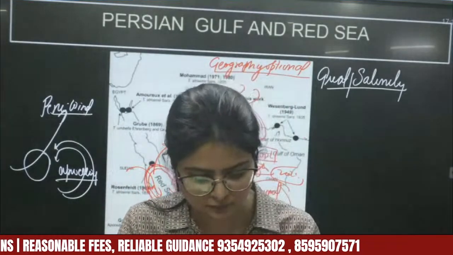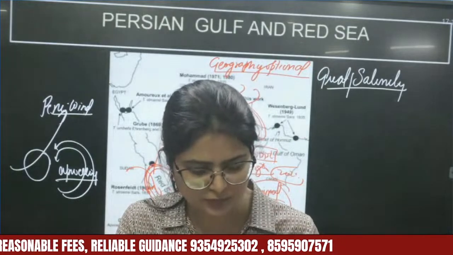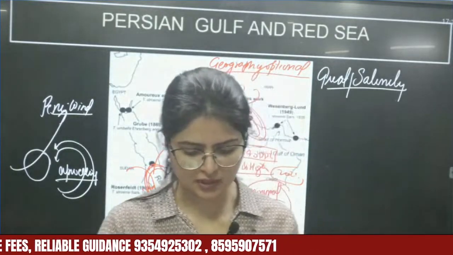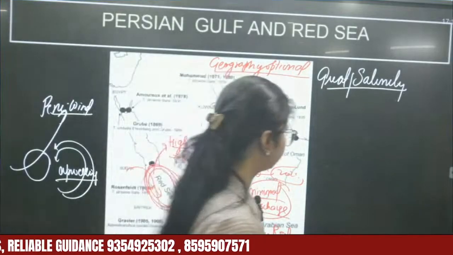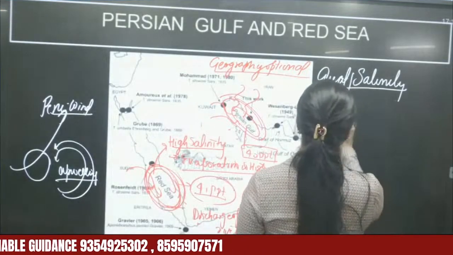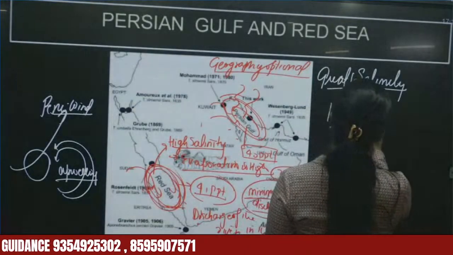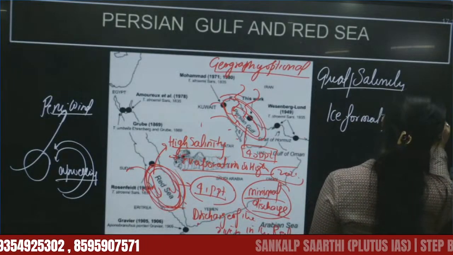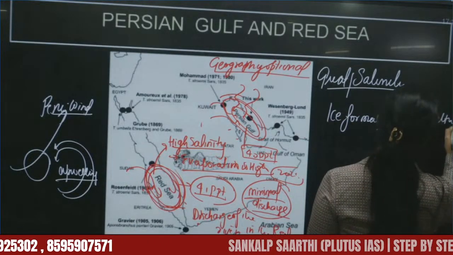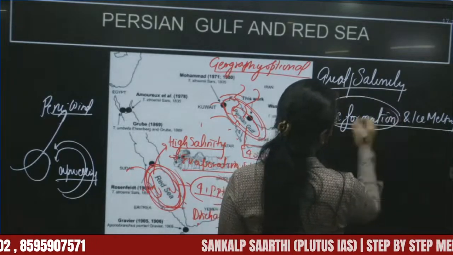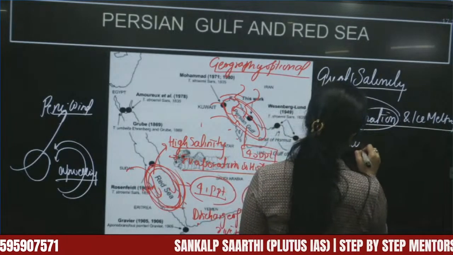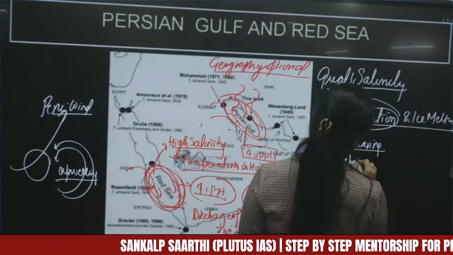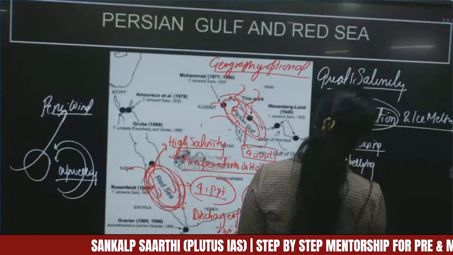Done. Next we are going to do ice formation and melting. I have already told you how ice formation and ice melting both affect salinity. Ice formation increases the salinity in the polar region because it expels the salts.